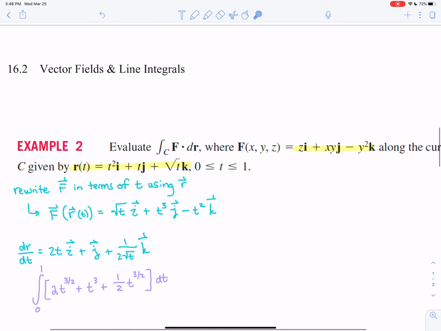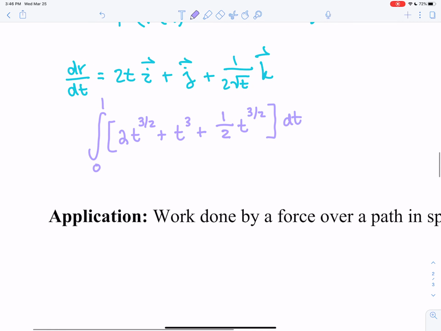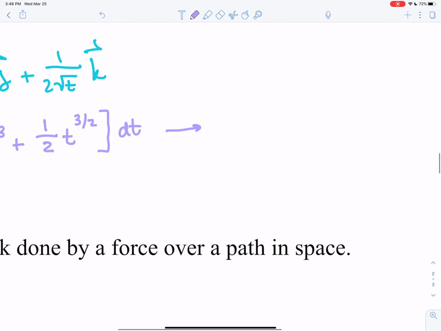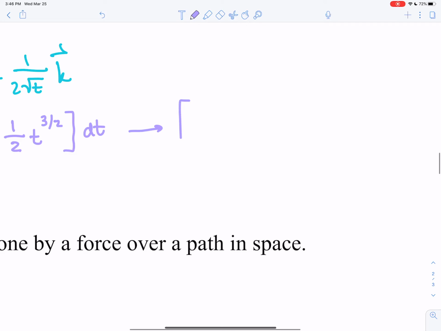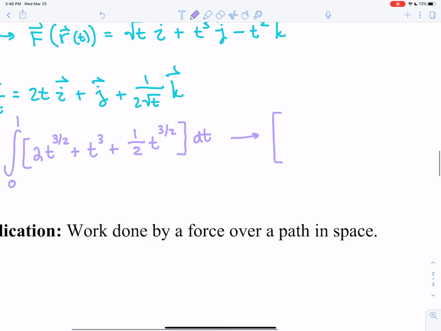So now, this is all just power rule stuff, so this will be pretty easy to evaluate. So let's do that real quick. Actually, let me combine these together. I'll combine this t to the 3 halves with 1 half t to the 3 halves, which will give me 3 halves t to the 3 halves.